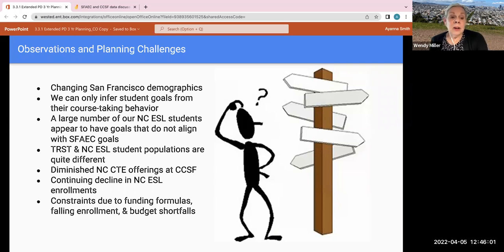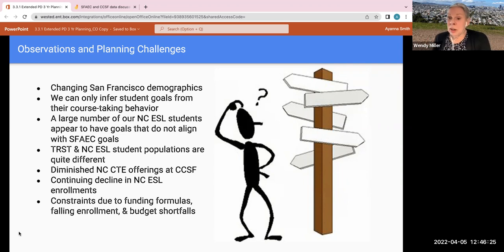And our transitional studies and non-credit ESL student populations are quite different. Our ESL population tends to be older, female, and Chinese. There are a significant number of Latinx in there as well, but primarily Chinese.